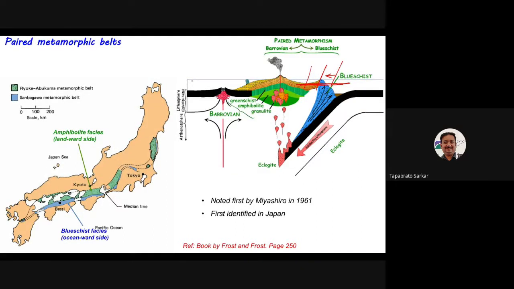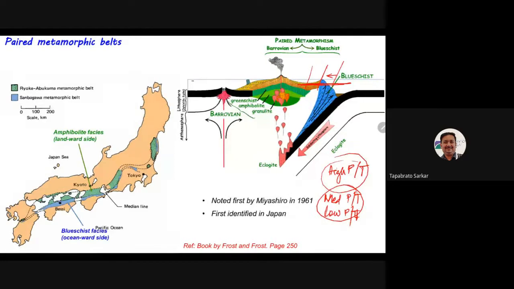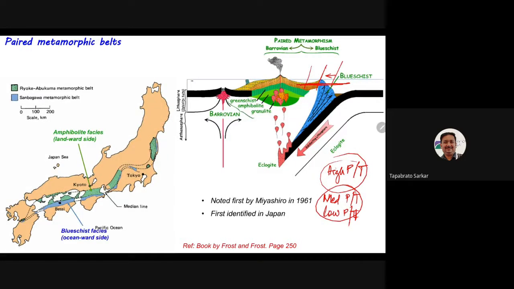The main difference is that you find a blue schist rock, which is high P by T, followed by a rock which is medium P by T, or in fact low P by T many times. So high P by T rock adjacent to medium or low P by T rock, if we find such in a narrow belt like this, is called a paired metamorphic belt.